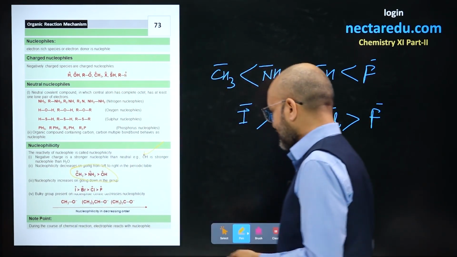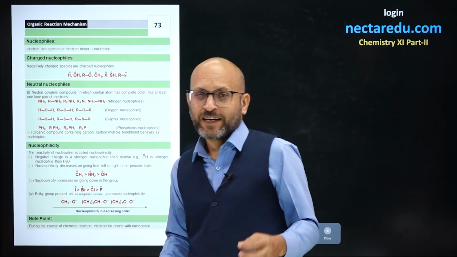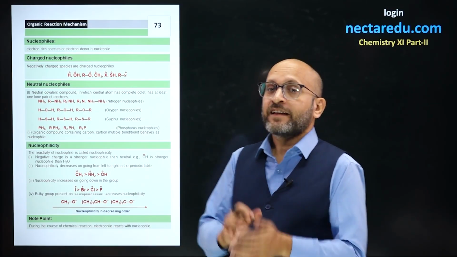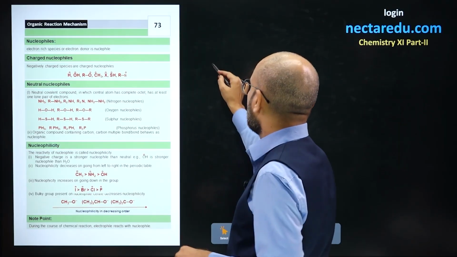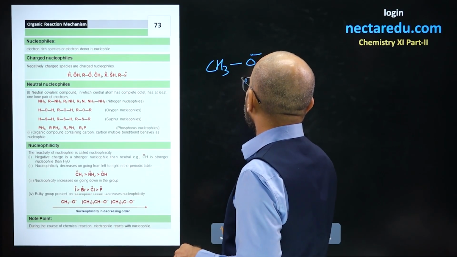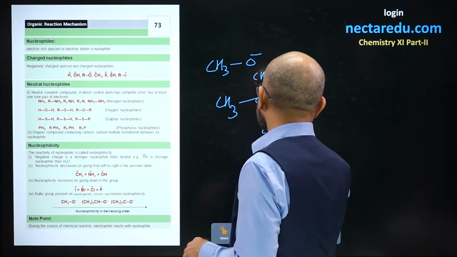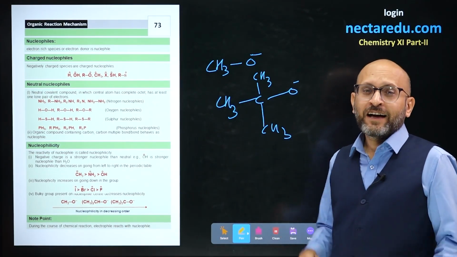Alright, so these are a few examples we have discussed of how you can figure out which is a better nucleophile and which is a poor nucleophile. And if some bulkiness is there, for example I have CH3O minus, and I have another one, a bulkier CH3O minus, what do you think which will be a better nucleophile?